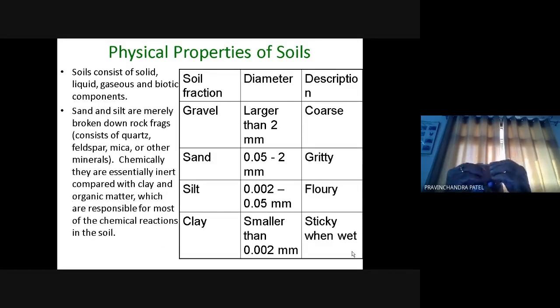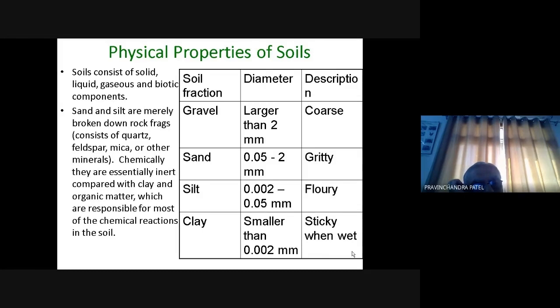Then soil consists of solid, liquid, gases, and biotic components. Sand and silts are merely broken down rocks. Rocks consist of quartz, feldspar, mica, or other minerals. So sand and silt are broken down and contain quartz, feldspar, mica, or other minerals. Chemically, they are essentially inert compared with clay and organic matter.